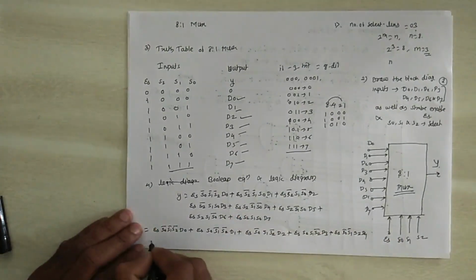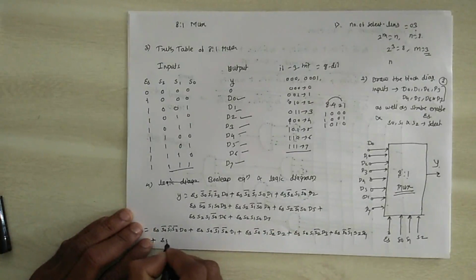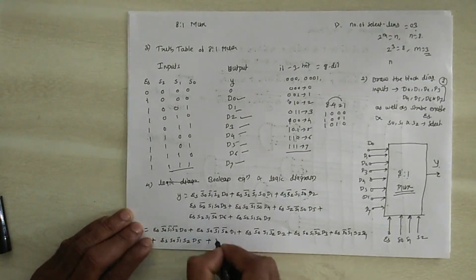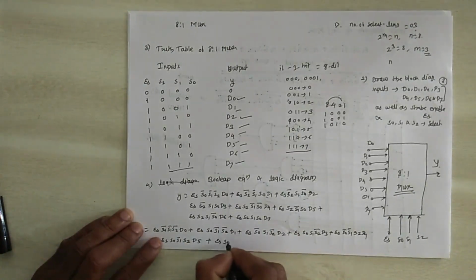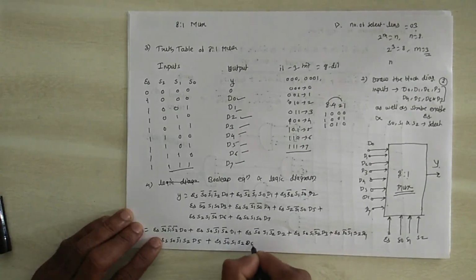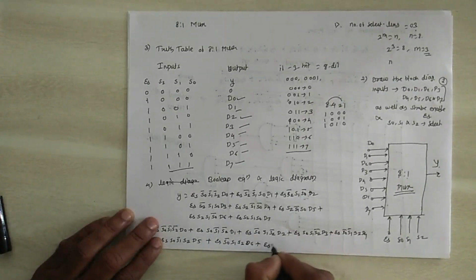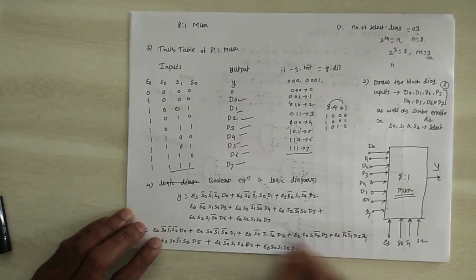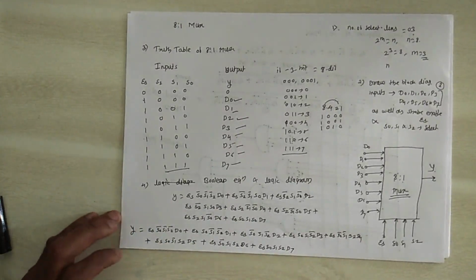For this ES, S0, S1 complement, S2, D5 plus for this ES, S0 complement, S1, S2 and D6. For this ES, S0, S1, S2, D7. In this way we can find out the Boolean expressions.